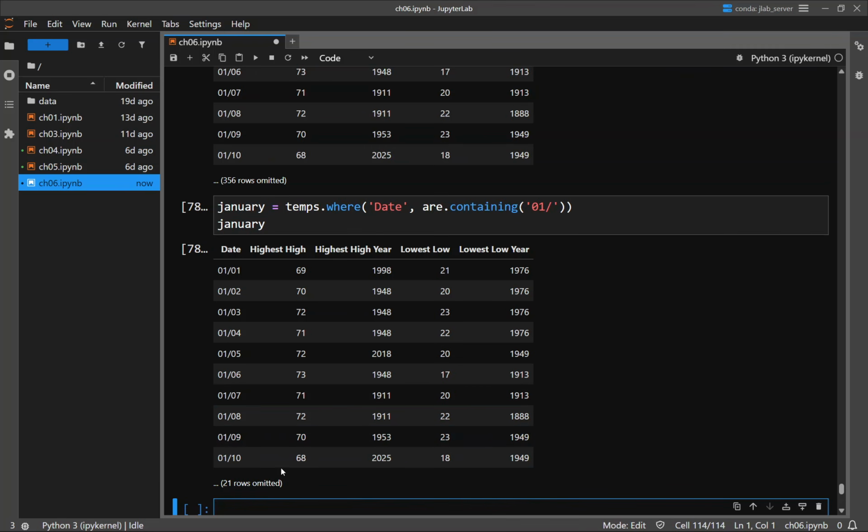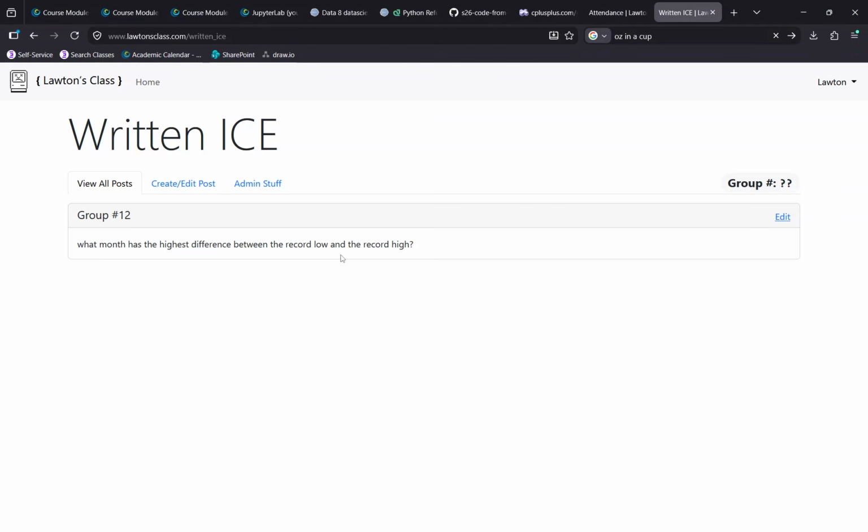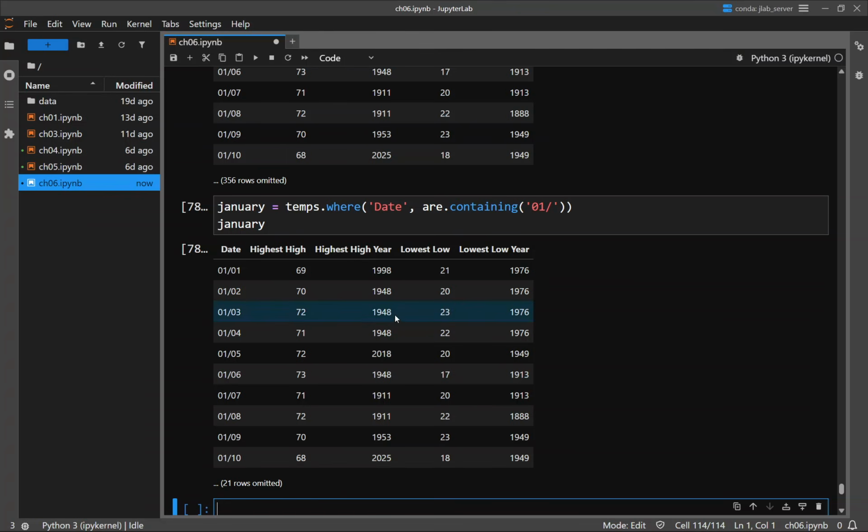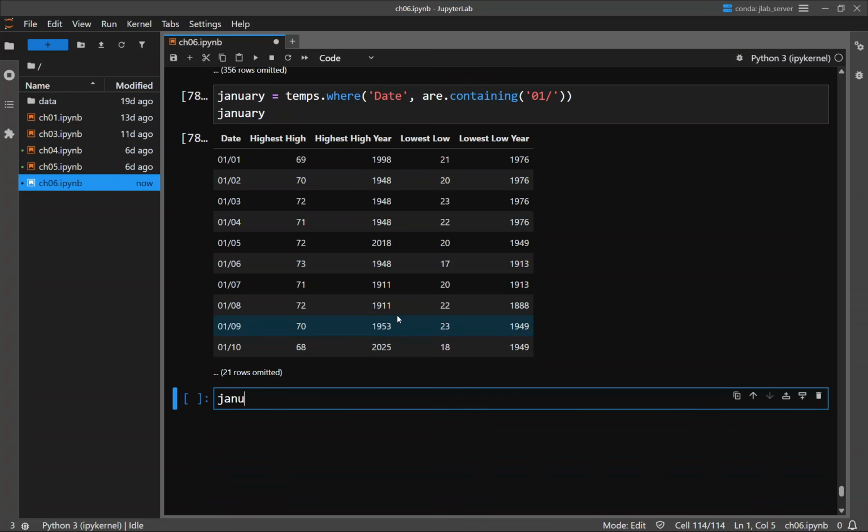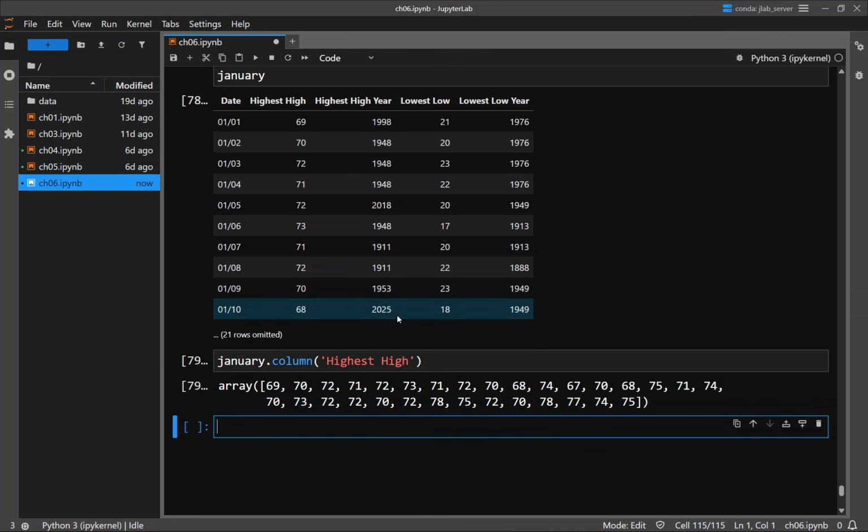Every January, 31 rows as we would expect. And then, yeah, we would like the difference between the record low and the record high. So that would be like January dot, let's get the max highest high and the min lowest low. So one way to get that would be highest high. So give me every highest high column.